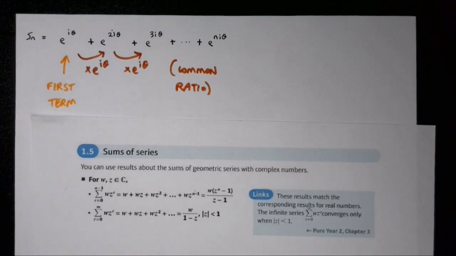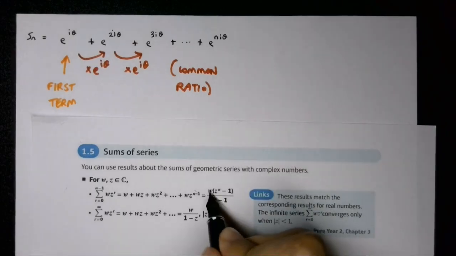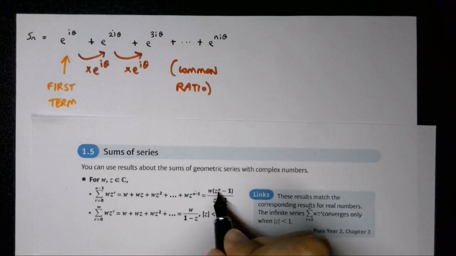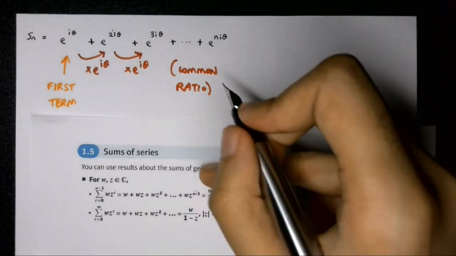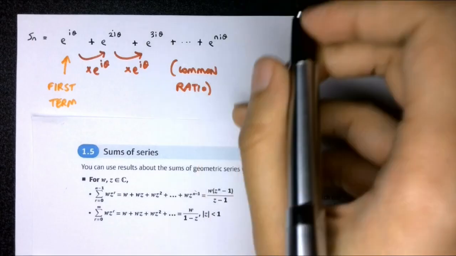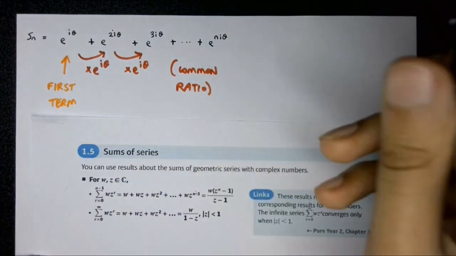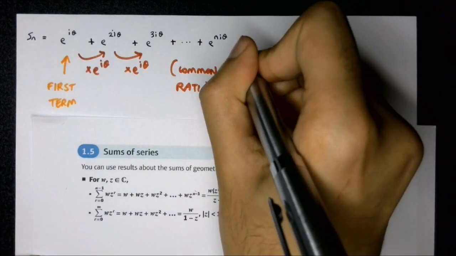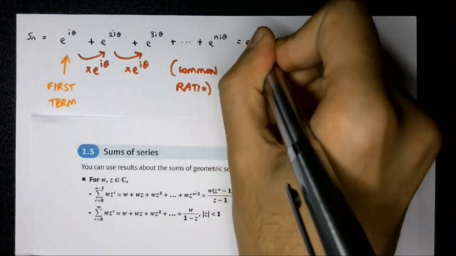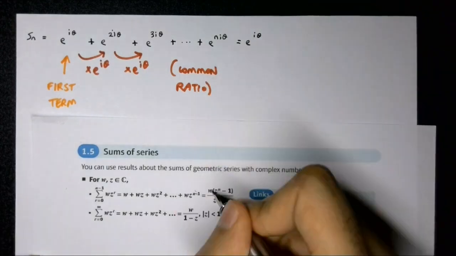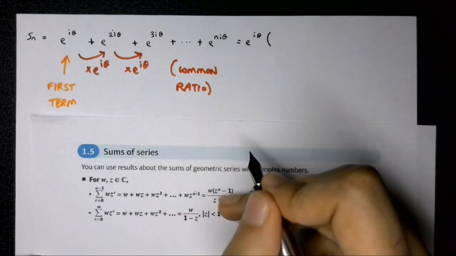then what you can hopefully see, we've got the first term here, which is essentially what the w is. So if you match everything up, we have here e to the i theta, so that's the w bit, multiplied by z to the n.